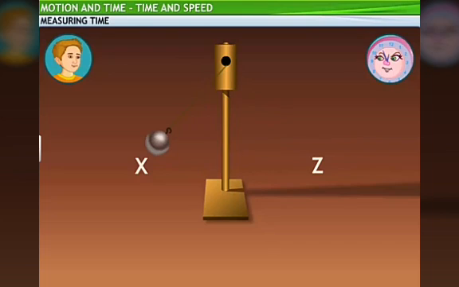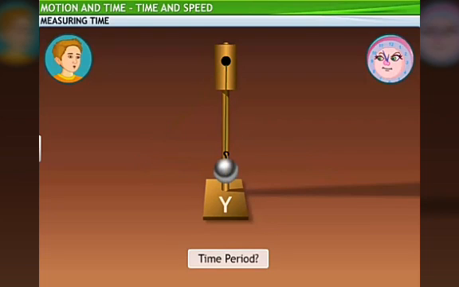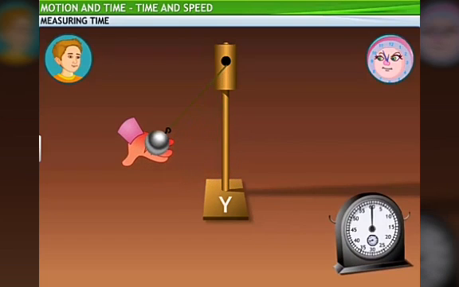Okay. And how is oscillation related to time period? Yes, I'm coming to that. I am bringing the suspended metal ball to a position of rest. Now, let's pull the ball to one side, say towards X, and release it, and start the stop clock simultaneously.